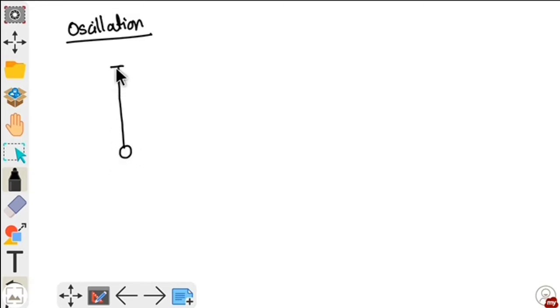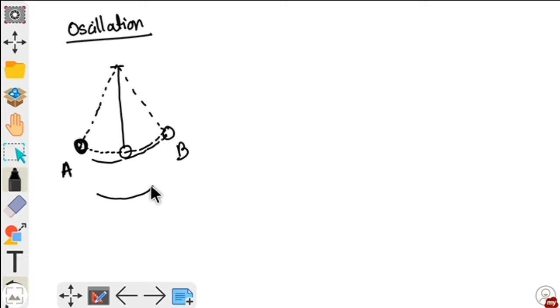Now, when you displace it from its mean position to a distance, let us assume that the point is A. Now, if you release the bob from here, it will move in this direction to, let us assume, point B. Then it will again come back to A. So one complete oscillation means it starts from A, goes to B, and comes back to A.